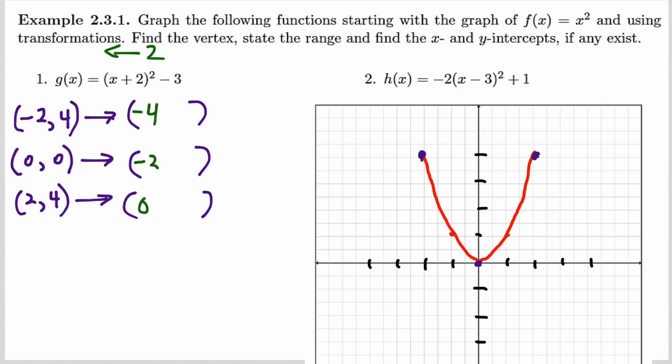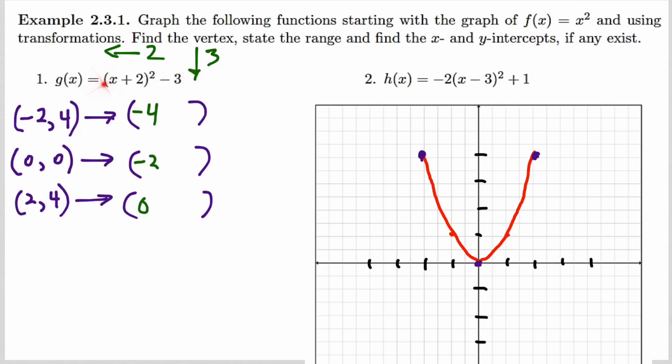And then if you have outside of the parentheses a vertical shift, you use the sign of the number there. So this is a down 3 vertical shift, and that happens to the y-coordinates of your parent function. So if you did have a factor out front here, you would multiply the y-coordinate first and then subtract 3.